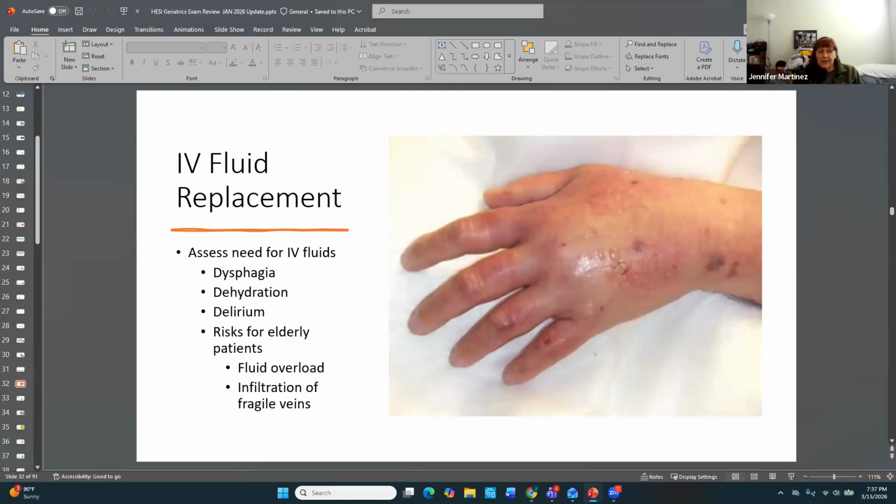So IV fluid replacement, we assess the needs for IV fluids. So dysphagia, or difficulty swallowing, forced dehydration, delirium. With the elderly population, there is a huge risk, even if we have a client that's dehydrated and we give them fluids, it does increase the risk for fluid overload. Veins in the elderly can infiltrate rather quickly.